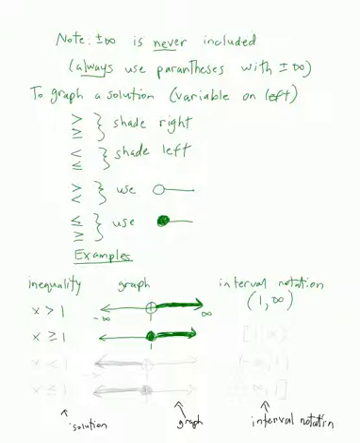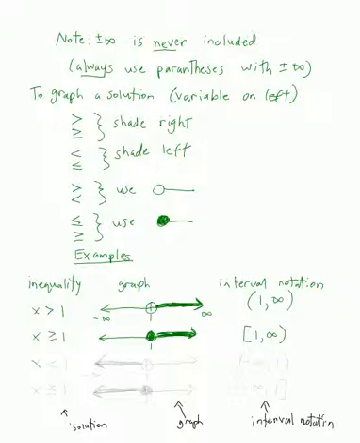Okay, what about the interval notation? Notice that in this case, since 1 is included, I'm going to use the bracket instead of the parenthesis. So I put bracket 1, and it still goes to infinity, but remember, we never include infinity. Infinity is not actually a number, so it just means go to the right forever.